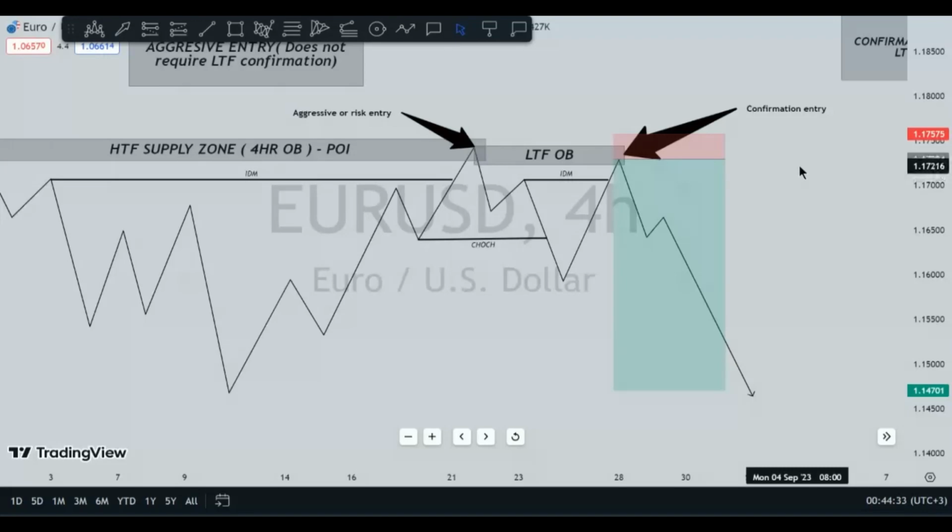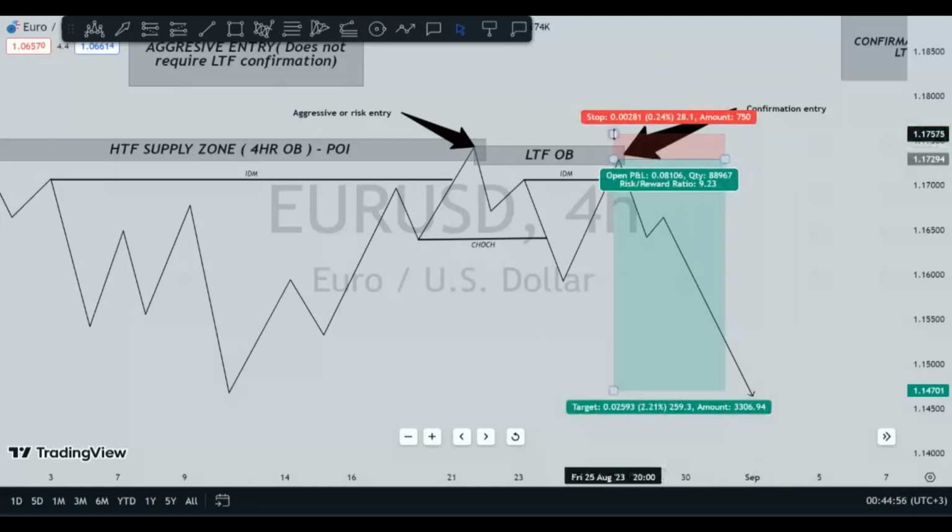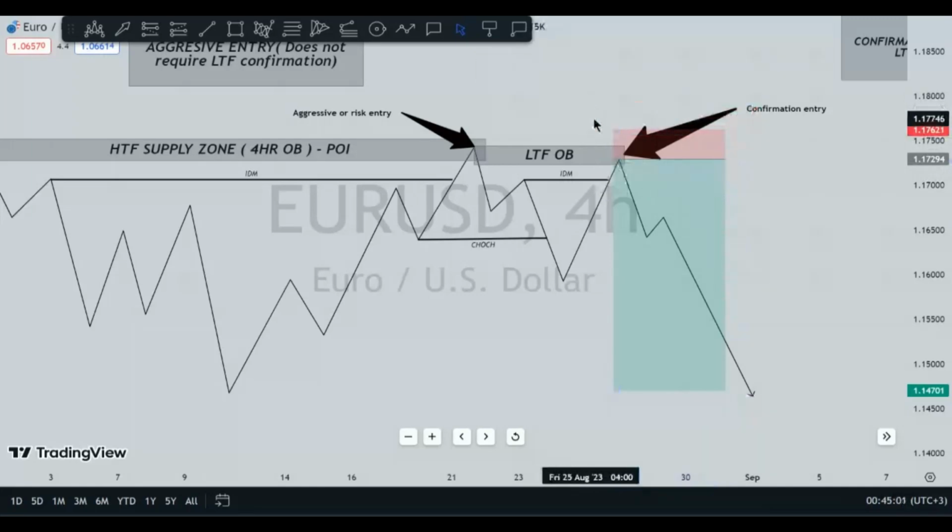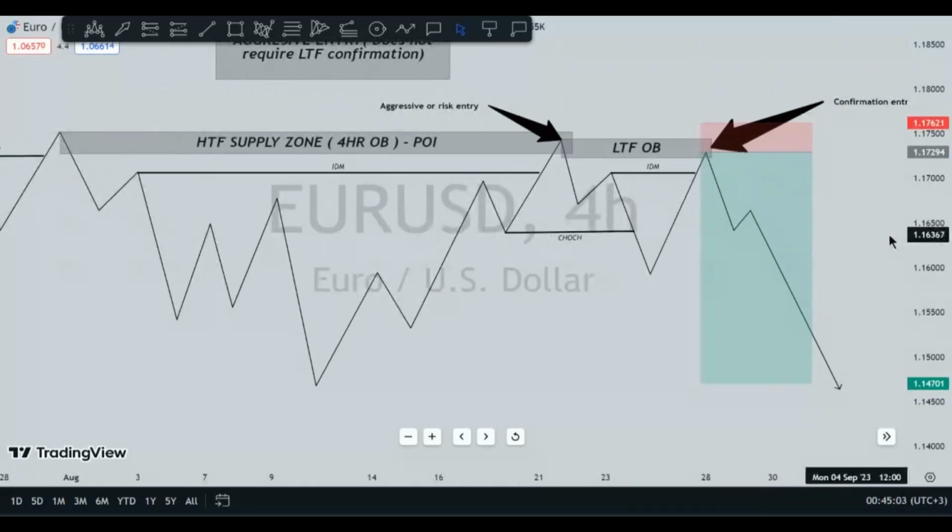A disadvantage of this type of entry is that you might miss out on some trades because price doesn't always give confirmations. But then, if you catch a move, it will be a quality setup. That's the main advantage of it.